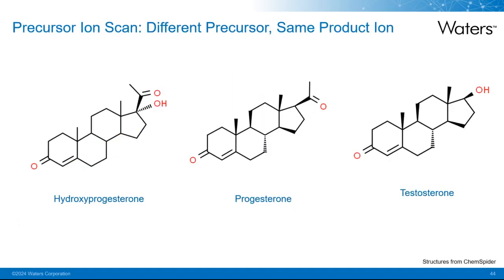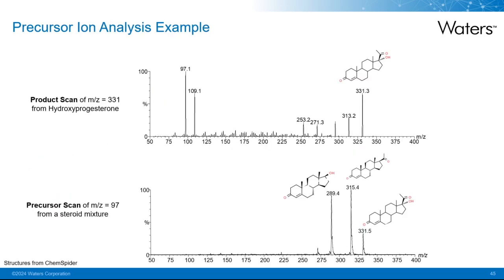Here is an example of what I mean with 3 steroids, hydroxyprogesterone, progesterone and testosterone, whose precursor ions all fragment to create a product ion at m/z 97. If we examine a product ion scan of hydroxyprogesterone, we can see the m/z 97 fragment.